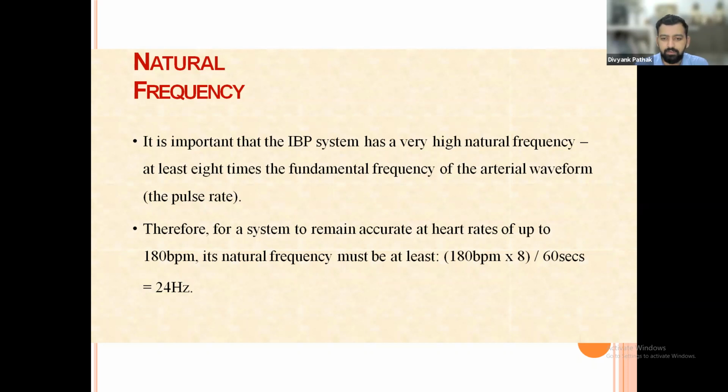Therefore, for a system to remain accurate at heart rates of up to 180 BPM, its frequency must be at least 180 BPM into 8, that is 24 Hertz. It's just for theory.